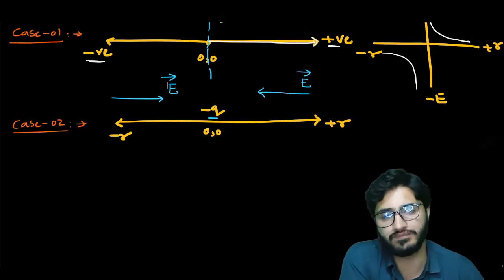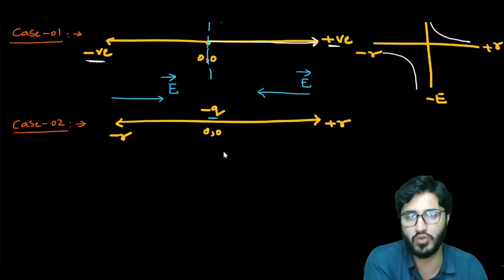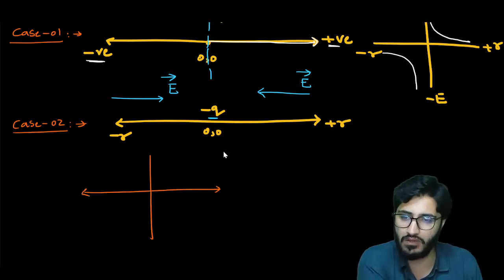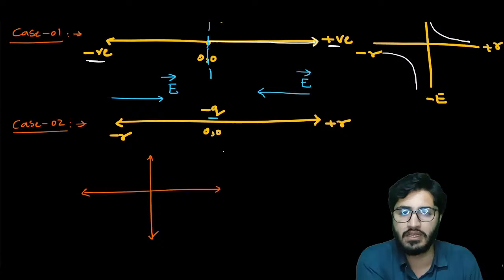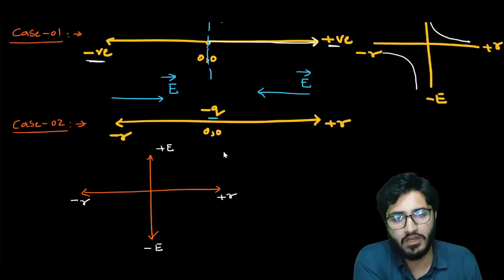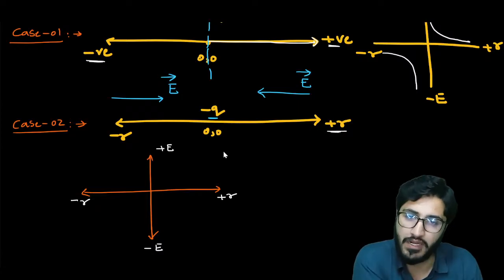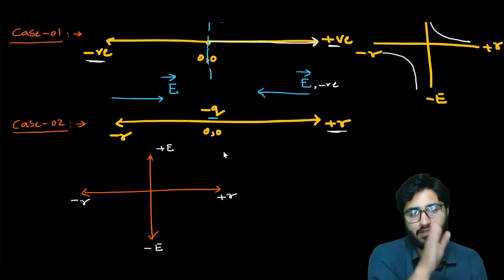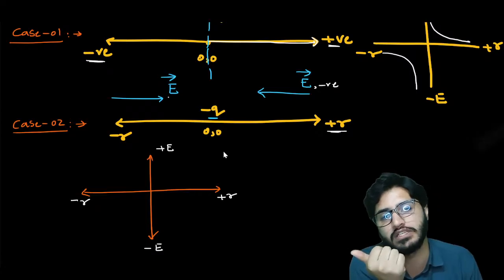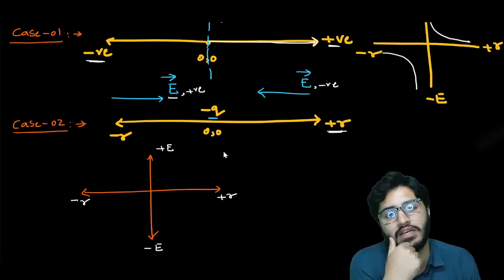Make a graph for the second one. Now, how to make a graph for it? Look here. If this is positive R, negative R, positive E, negative E: if we have positive R, we will be having negative E. Look, in the right direction, the electric field is towards the inner side, so it will be negative.